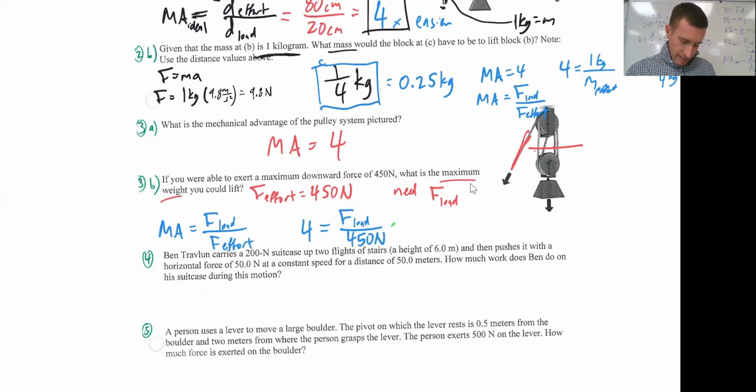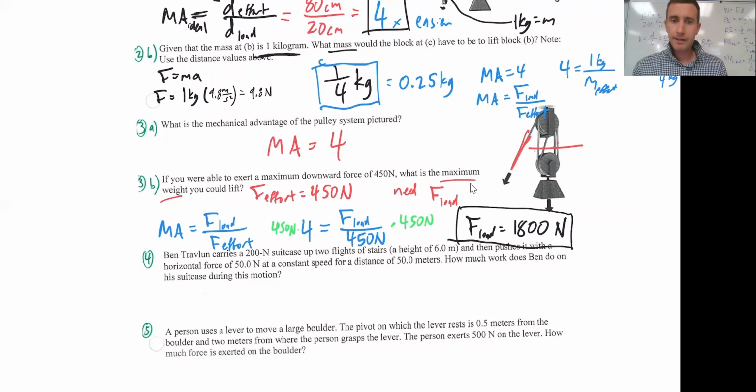To get rid of the force by itself, I'm going to multiply both sides by 450 newtons. 450 times 4 is 900 times 2, so the force of the load equals 1,800 newtons. So I could lift up to 1,800 newtons with that pulley system if I could pull down at 450. All right, let's do number 4, and then I'll let you keep rolling.